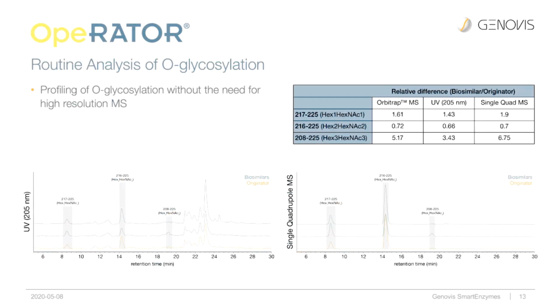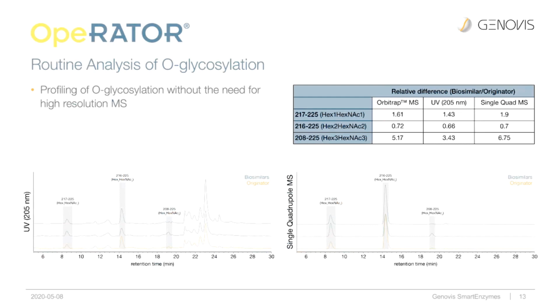without the need of a high-resolution mass spectrometer, but replacing it with the UV detector of the LC system or a very simple single quadrupole mass spectrometer where we can monitor the specific peptides that have previously been shown to be different in the different biosimilars.